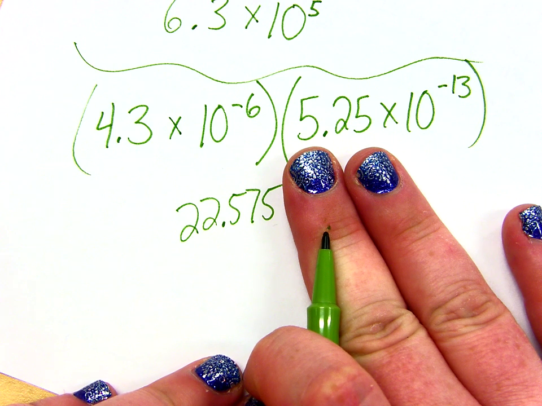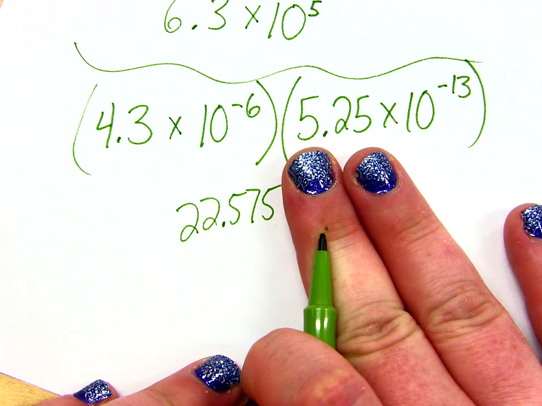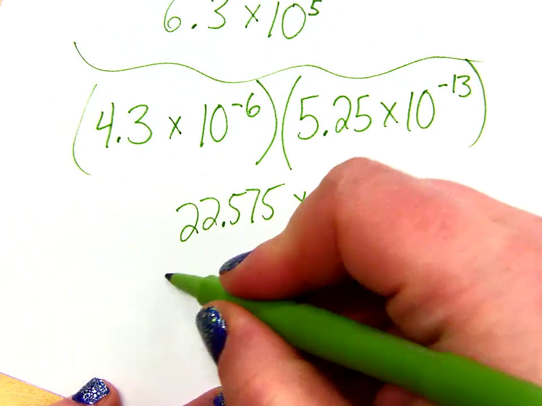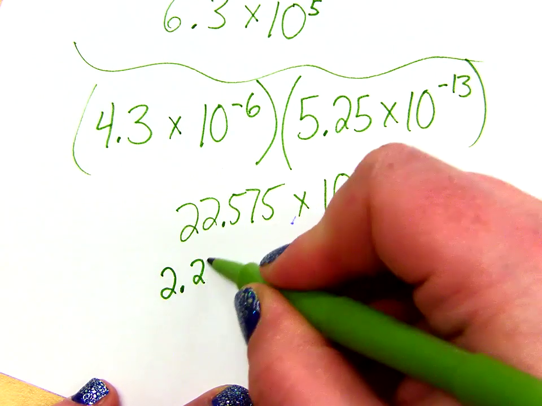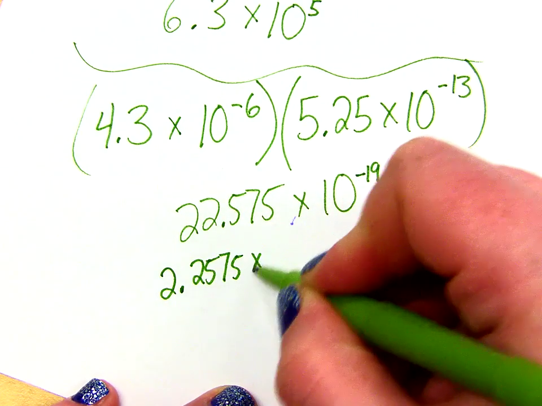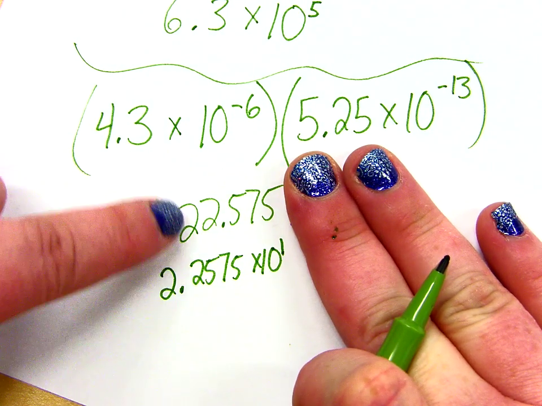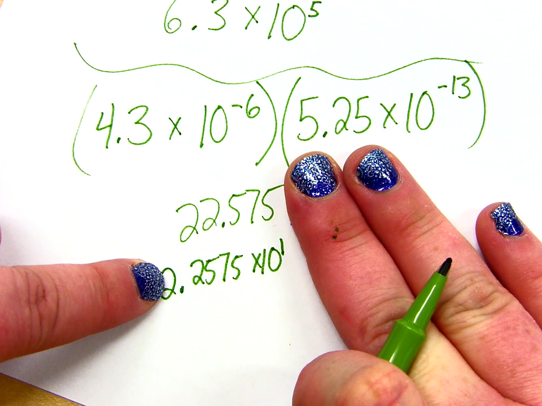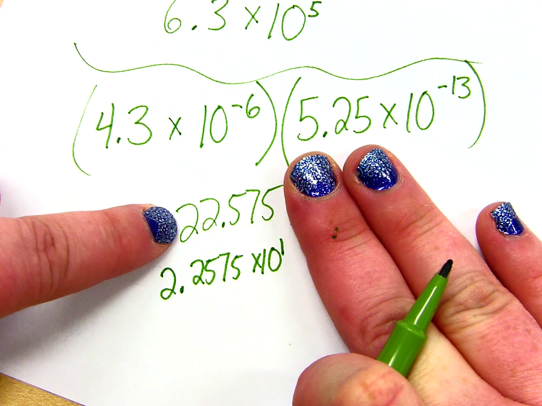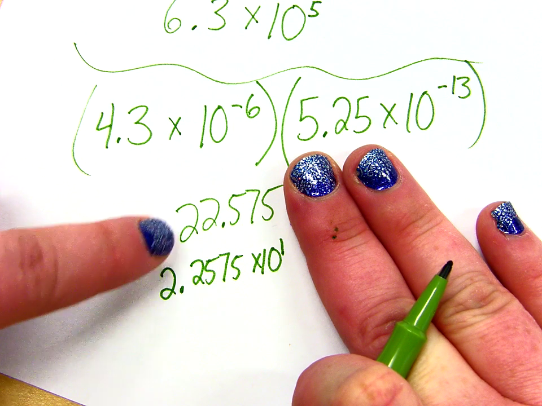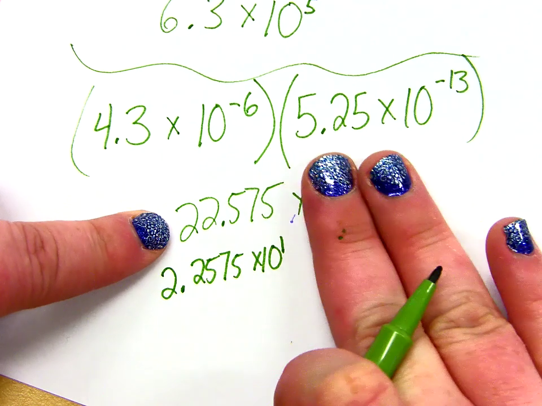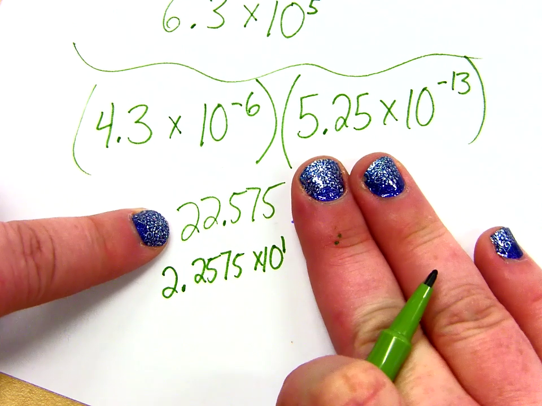To the positive 1 or to the negative 1? Positive 1. So 2.2575 times 10 to the first. These two are the exact same thing. Don't even look at this 10 to the negative 19th for a minute.